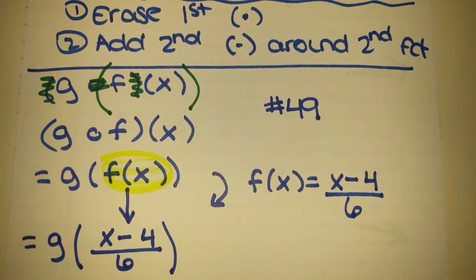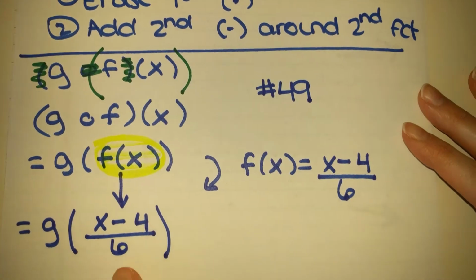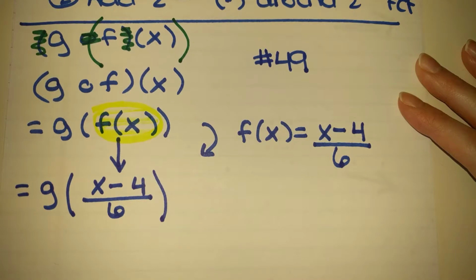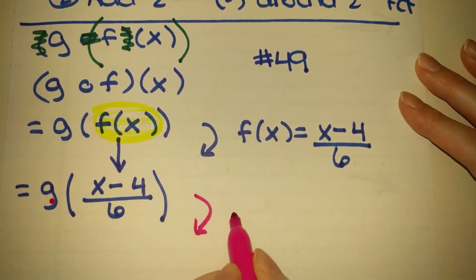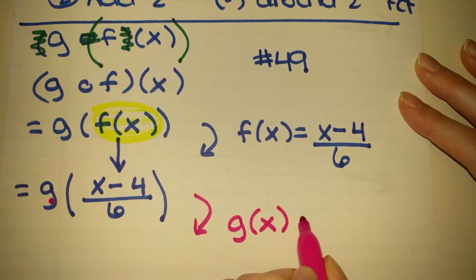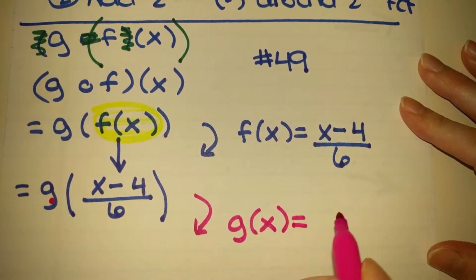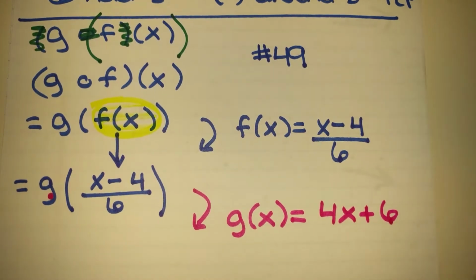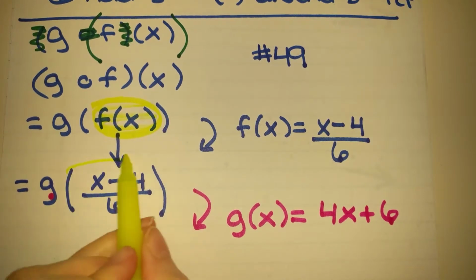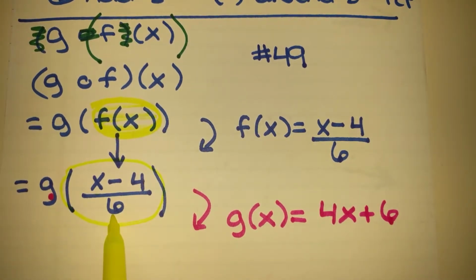Now, once I evaluate the innermost parenthesis, then I need to evaluate the leftover parentheses here. And to do that, I need to use my g function. So I have that in question number 49, g of x is given as 4x plus 6. Now, we're not interested right here in finding g of x. We're interested in finding g of x minus 4 over 6.